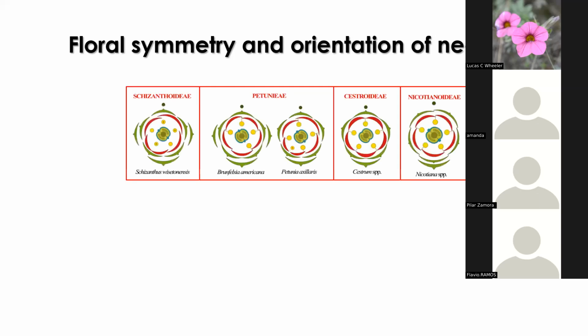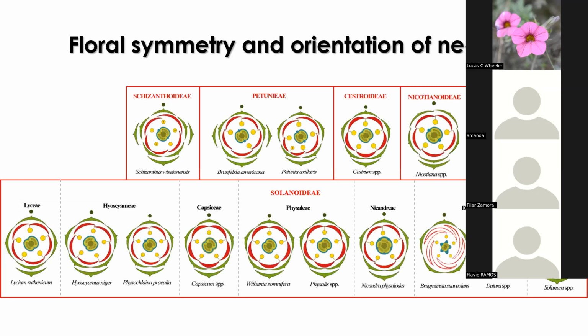So what we did, we constructed floral diagrams of all the species that we used in our analysis, covering most of the tribes except two which are not found in India. In the floral diagram, these are the sepals, petals, stamens and carpel. But this blue thing, which is lining the gynoecium, shows the nectary.